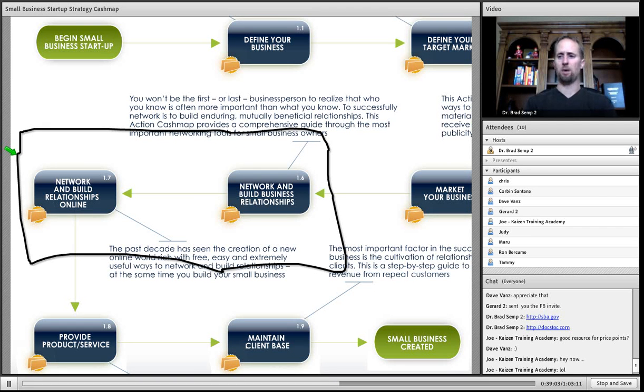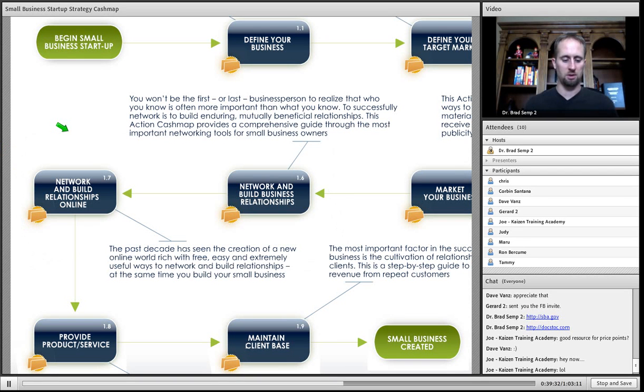From there, boom, that's where you're able to interact and connect with people, and it's more about who than what you know. Of course, the more you know on the what side, combined with who you know, you've got a great marriage there. But I want to say networking and relationships is everything. So 1.6, 1.7, definitely do not want to discount those at all.